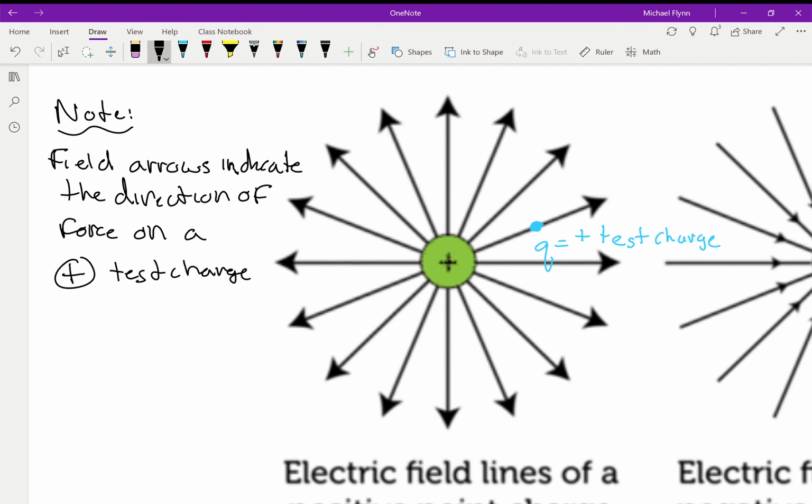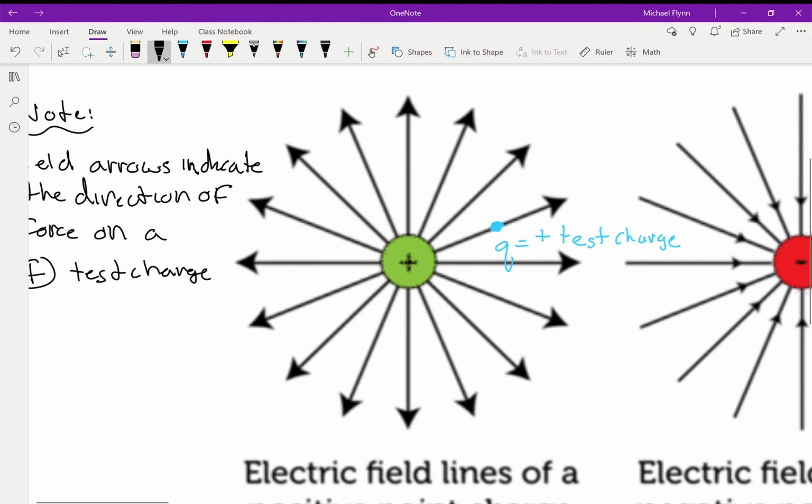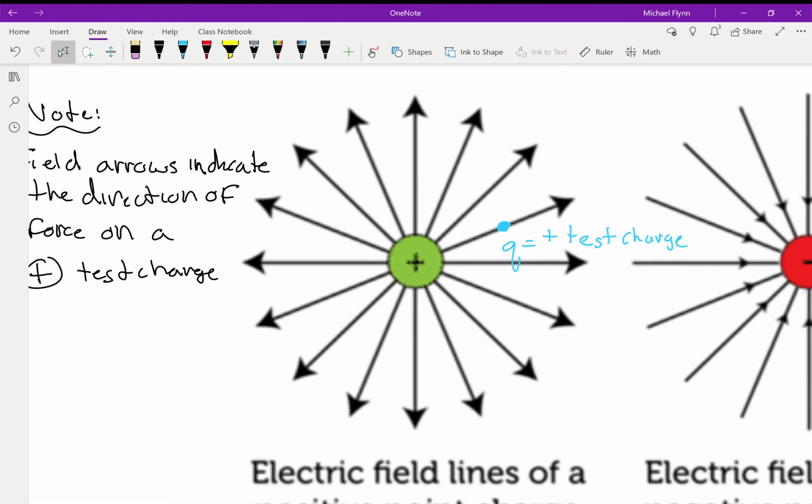So a positive test charge. What we do is I'm going to be holding a tiny little test charge in my hand, actually not so tiny, but a little test charge in my hand, that by convention we always pick a positive charge to test with.